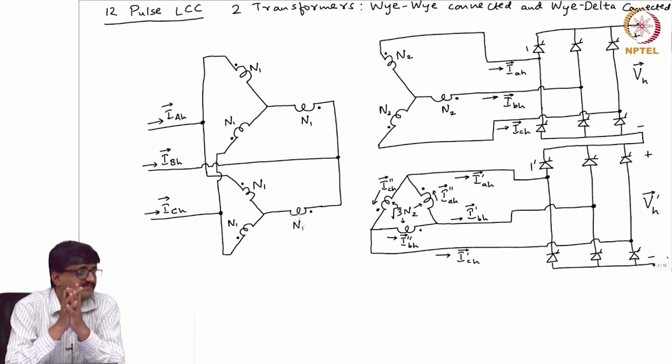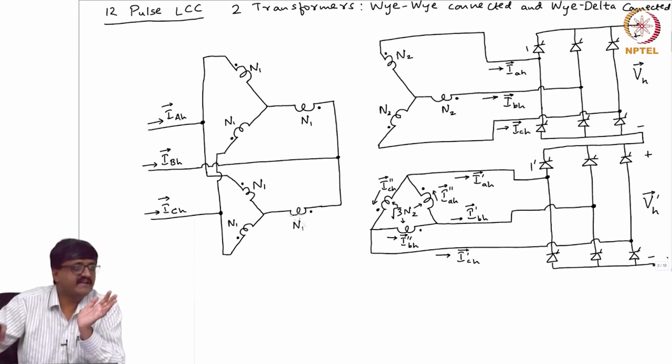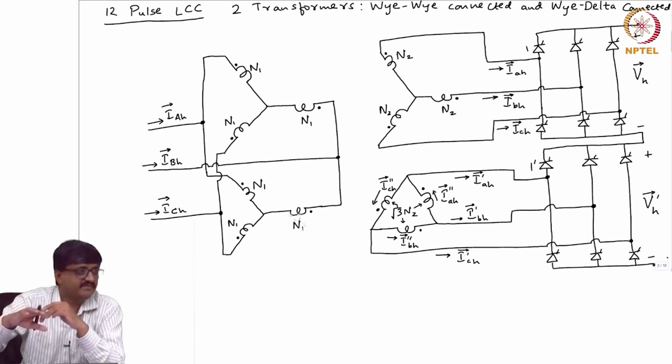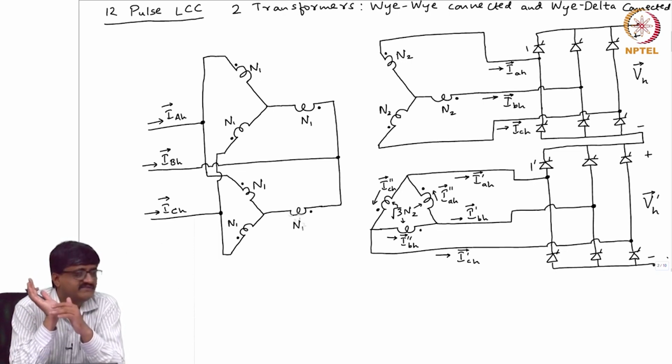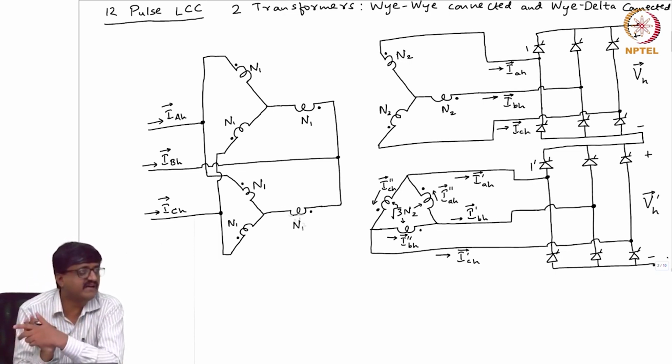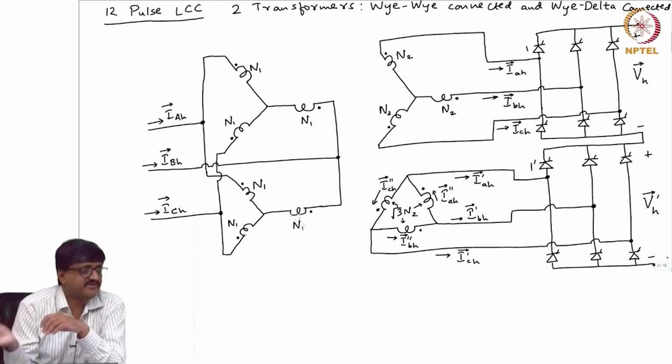Same. The voltages applied to the two 6 pulse LCCs are identical in magnitude, but the 3 phase voltage coming out of the delta is not identical in phase. It is lagging the voltage applied to the first LCC, as we showed just now.